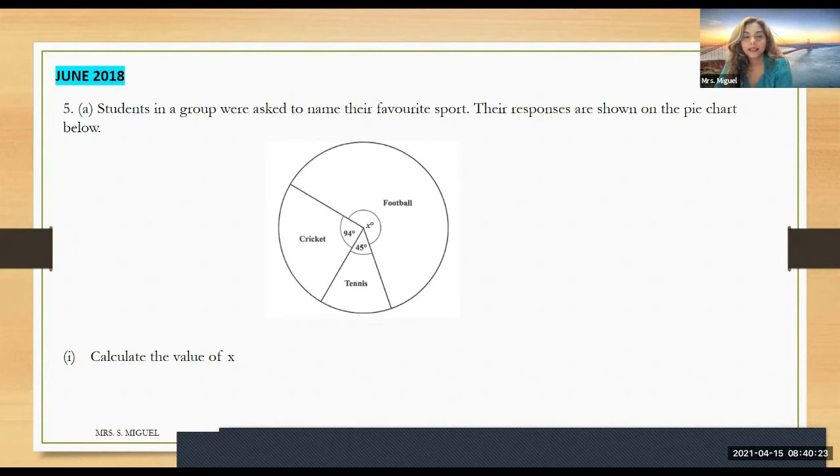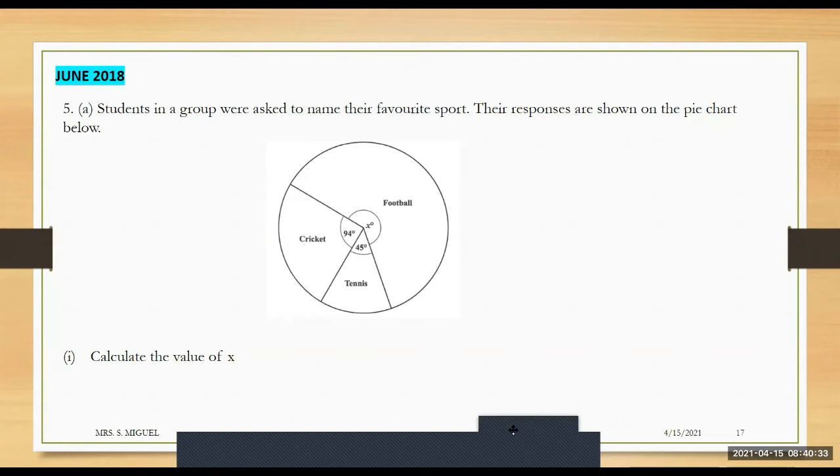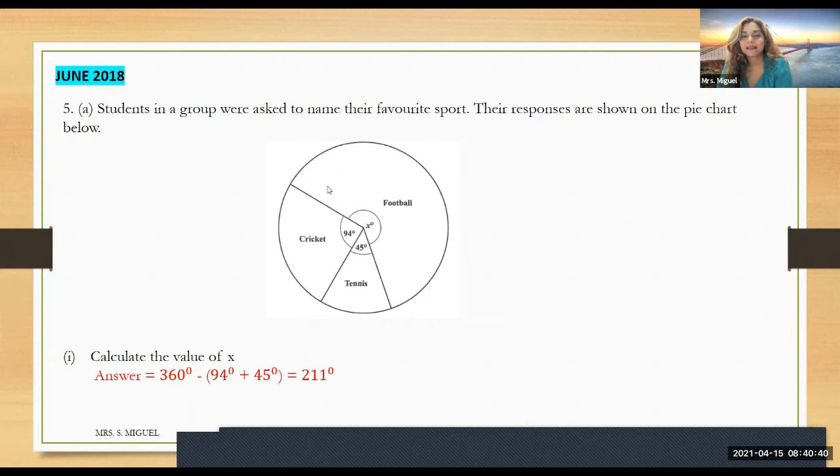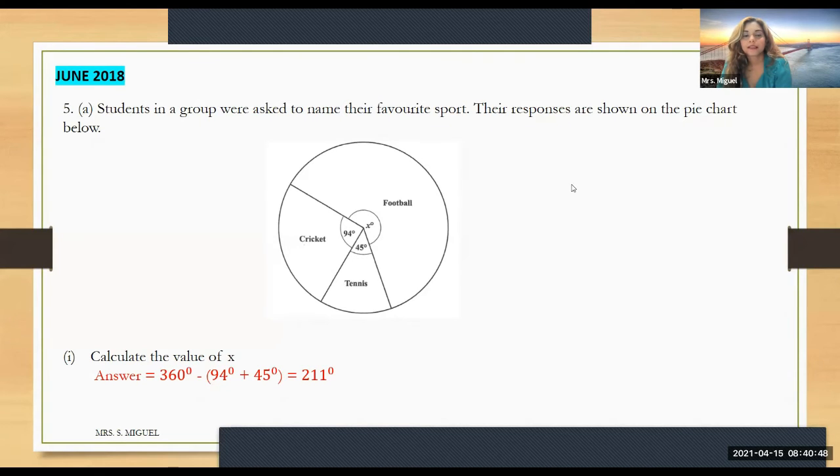Can someone tell me how many degrees are there in a circle? 360. Having said that, the sum of angles in a circle is 360. So it means that the sum of 94 plus 45 plus x will give me 360.